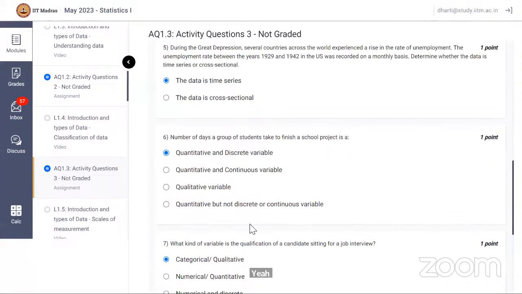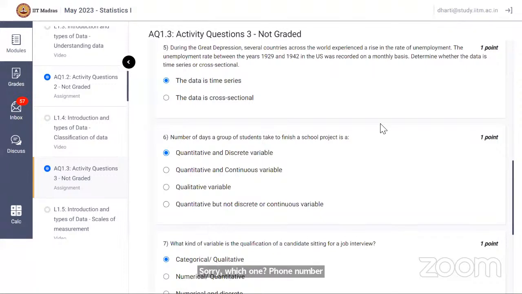Ma'am, is it necessary for structured data to be quantitative? If that is the case, then why is phone number structured? It is qualitative data, not quantitative data. Ma'am, phone number is qualitative, right?